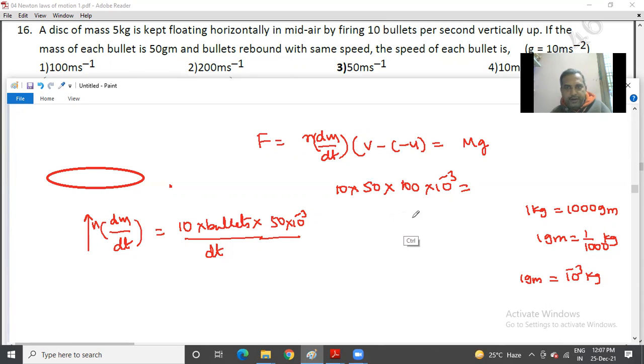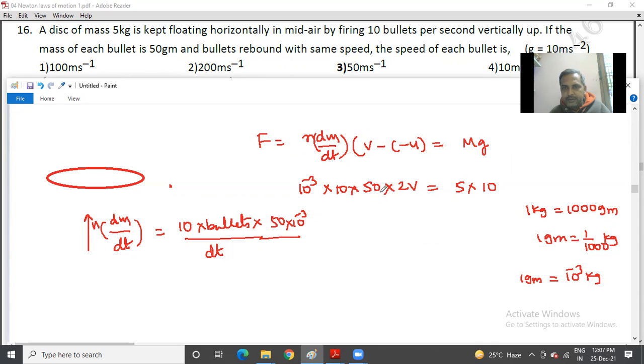We need to find out the speed, but it will be 2V. M is the mass of the disc, 5 kg given. Gravity is 10. But remember, it is 50 grams given, so minus 3.